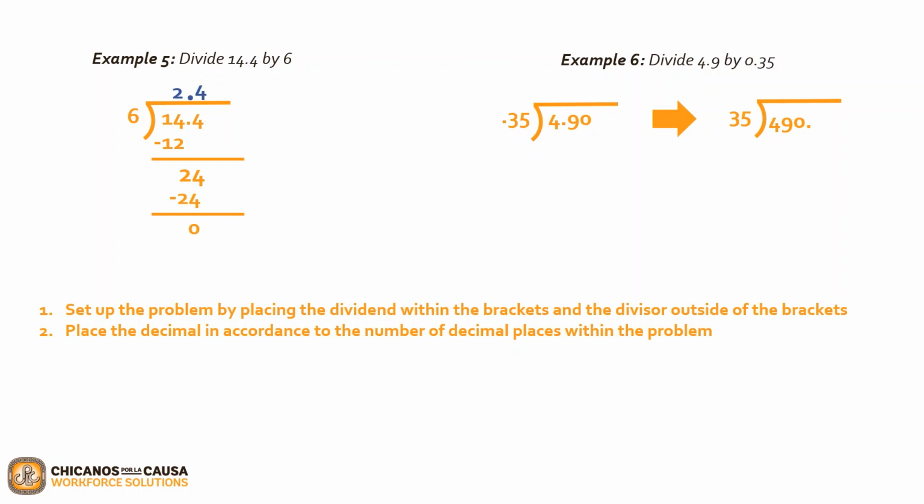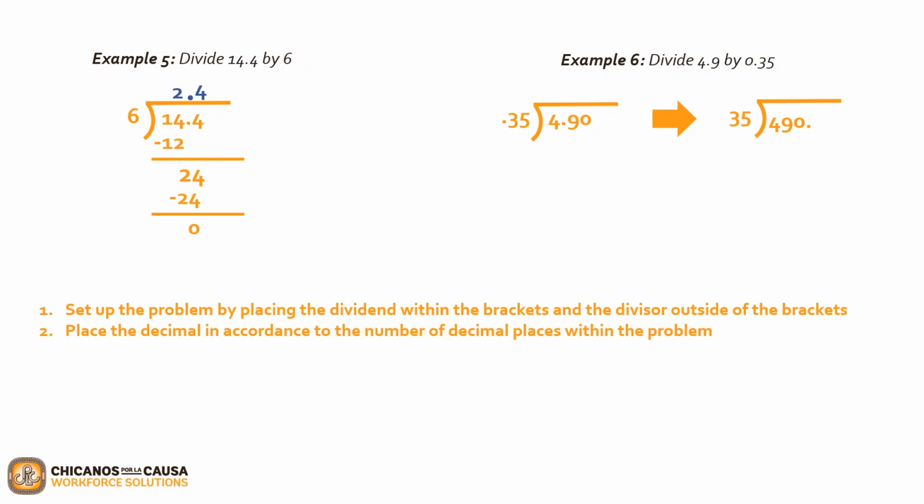Now, you probably already know that we're going to have to move the decimal point in order for this to work. So what we are going to do is to move the decimal places so that both of the numbers are whole numbers. So that means that for each number, we are going to move the decimal place 2 times.